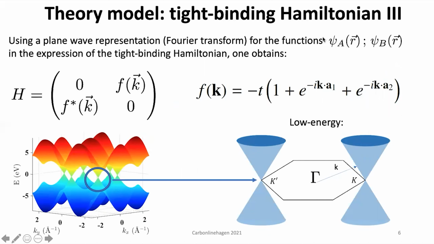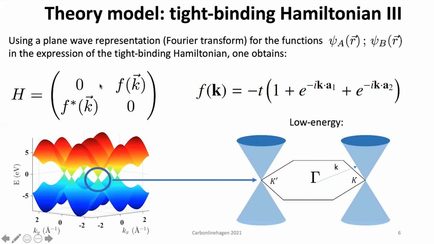We express these space-dependent functions in a plane wave basis, or in a more intuitive way, we use a Fourier transform, or we think that we have free electrons, so we can decompose this in terms of plane waves, and we put that into the Hamiltonian. We do the sum over the nearest neighbors that I mentioned in a few slides before, and our 2-by-2 Hamiltonian has this expression here, where you see that, first of all, it's Hermitian, as it should be, and it depends on the momenta measured from the gamma point.